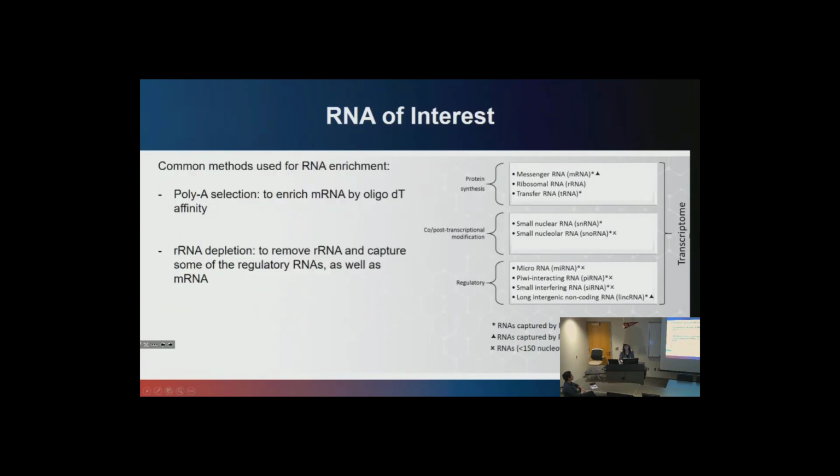Common methods used for RNA enrichment include poly-A selection, to enrich messenger RNA by taking advantage of its poly-A tail and using the right chemistry to capture it, and RNA depletion, to get rid of ribosomal RNA and capture some regulatory RNAs as well as messenger RNA.